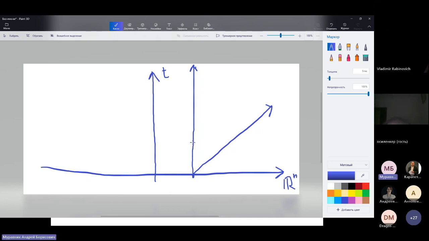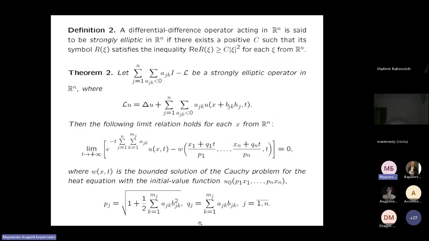And the angle between these two lines is completely determined by the set of these constants, and these constants are completely determined by the coefficients of the investigated equation.